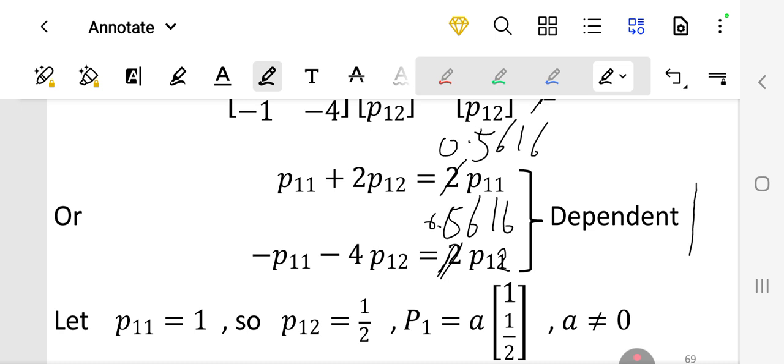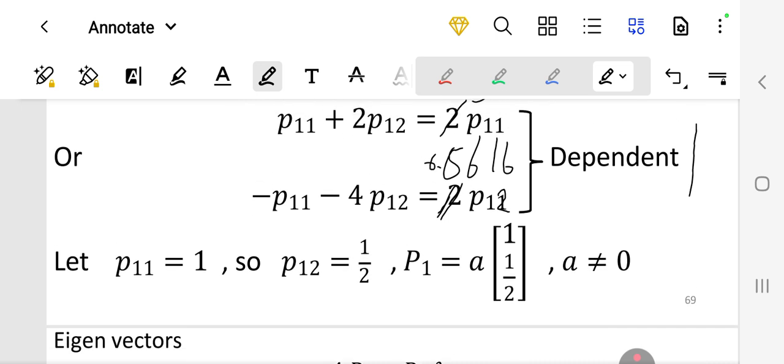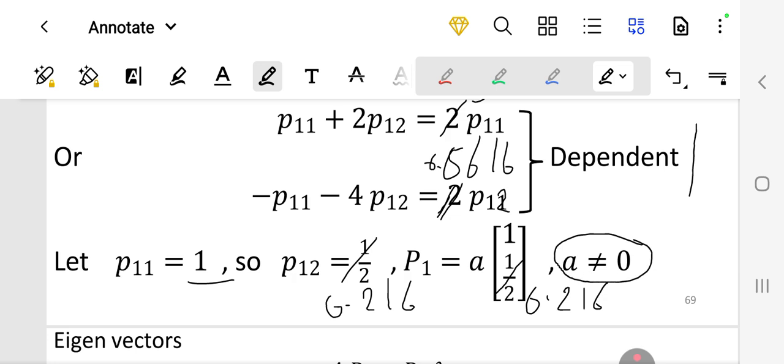These equations are dependent. We can assume P11 equals 1 and get P12. P12 will be equal to 0.216. Therefore, we can write P1 equals a constant A times the vector 1 and 0.216, where A is not equal to 0.